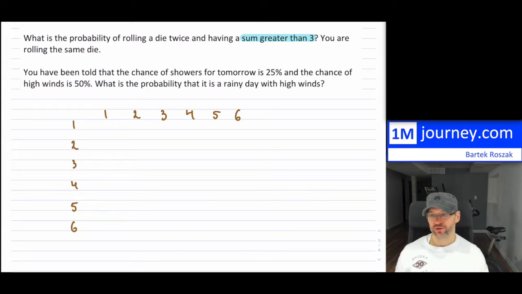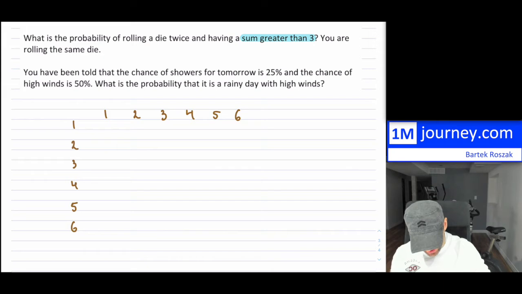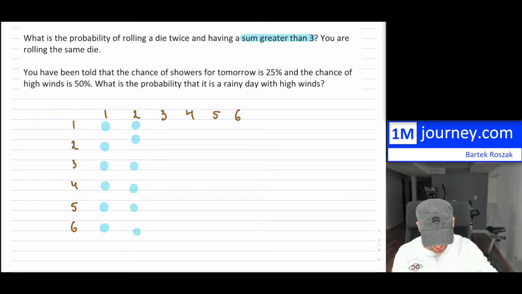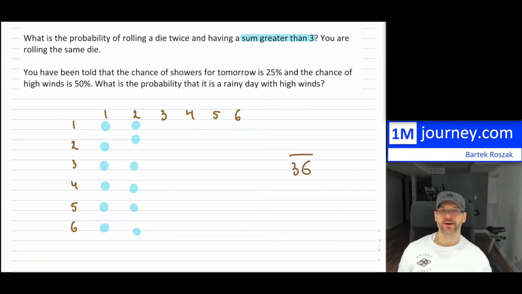In order to do this, I'm going to use complements, because for rolling a die and getting greater than 3, there are a lot of possibilities. How many possibilities are there? You can roll a 1-1, a 1-2, a 1-3, a 1-4, a 1-5, a 1-6, and so on. In total we have 36 possibilities. Out of those 36 possibilities, I'm going to use complements.